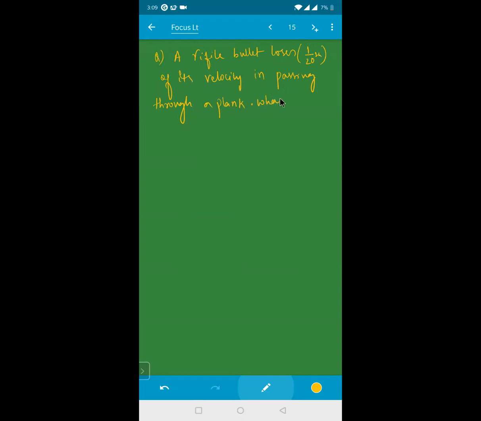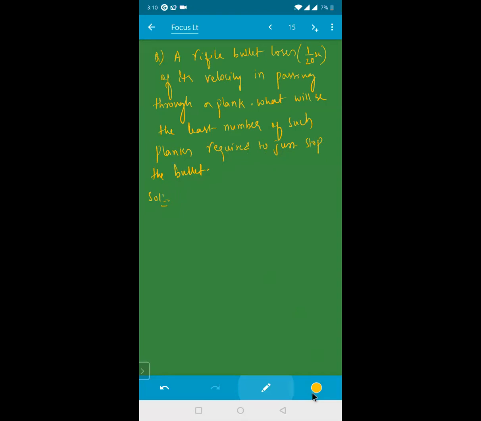First of all, what will be the least number of such planks required to just stop the bullet? To just stop the bullet.